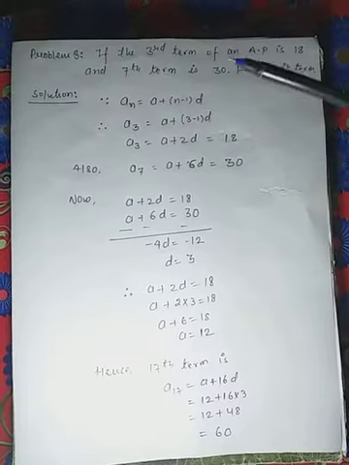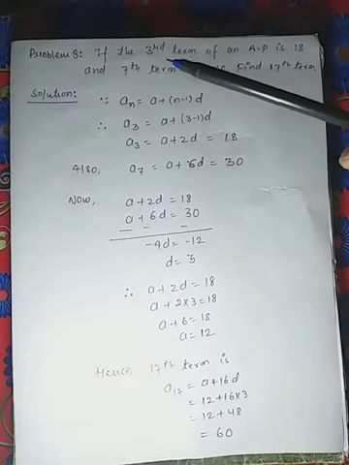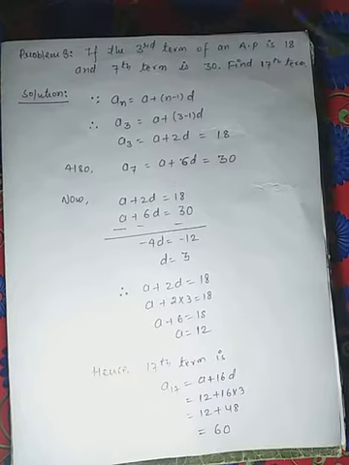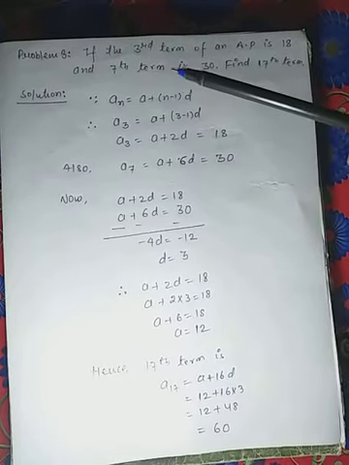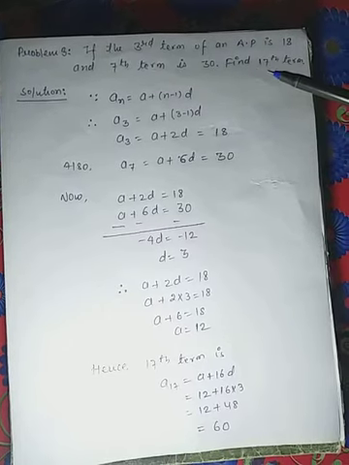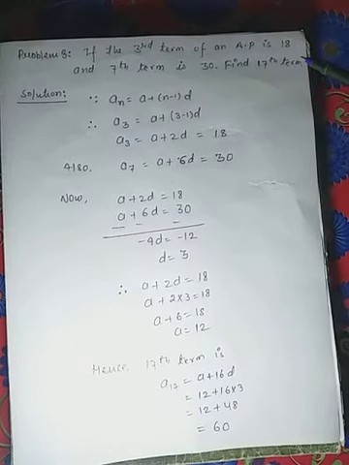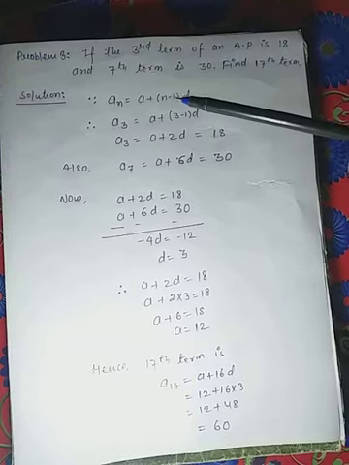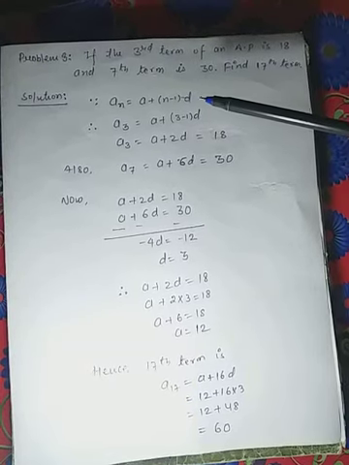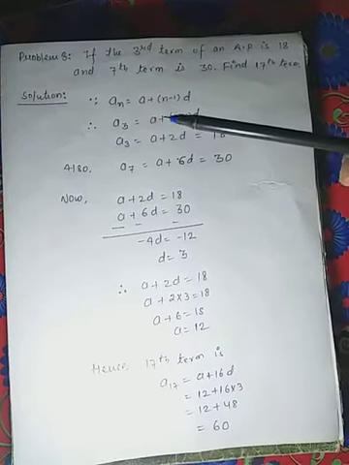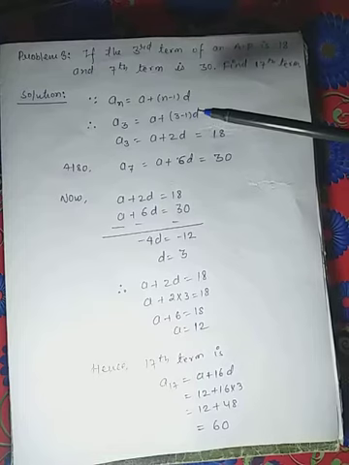Problem third, if the third term is of AP is 18 and seventh term is 30, find 17th term. Since nth term is a plus n minus 1 d, therefore a3 is a plus 3 minus 1 d.